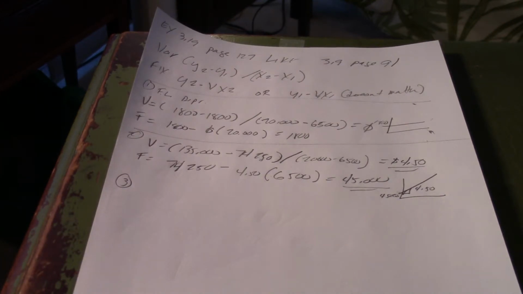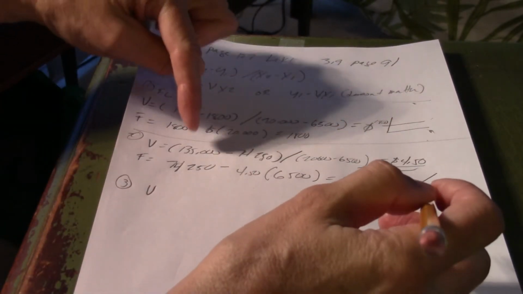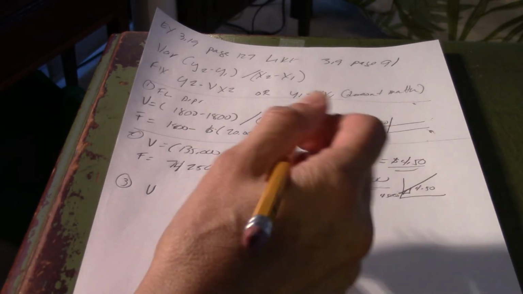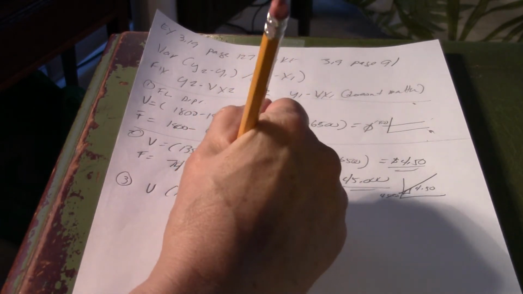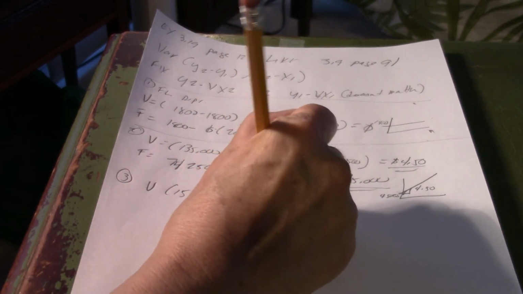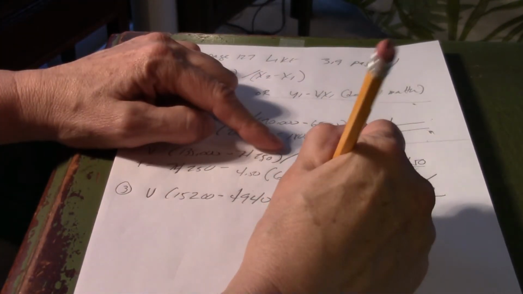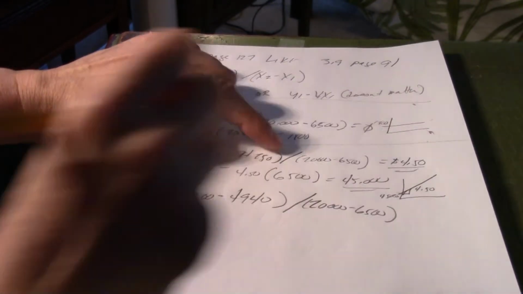Fuel and oil for the forklift. All right, so again, our variable, high minus low cost. So in this case, the total cost was $15,200, and our low was $49.40. Divide that by 20,000 minus 6,500.